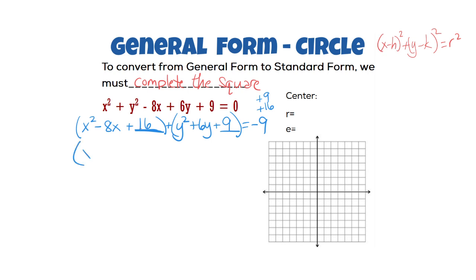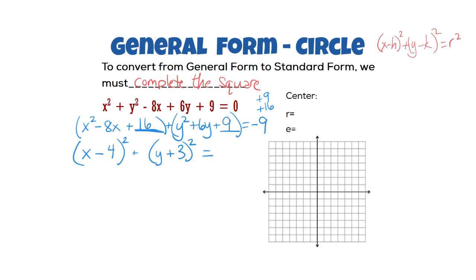This will factor to (x minus 4), keeping that sign minus, and it's a 4 because that's what you squared to get the 16. Plus, now let's do it with the y's. It's going to be a y, and you always keep the same sign. So this was a minus, this is a plus, and the number I squared was a 3.